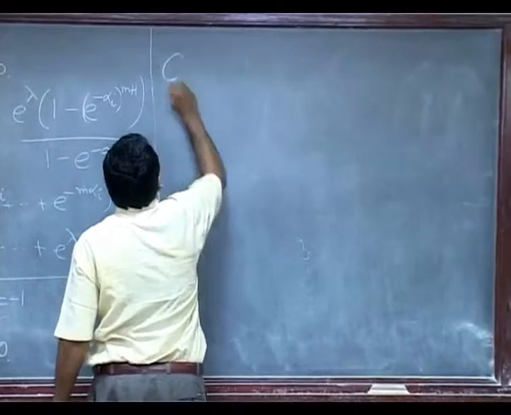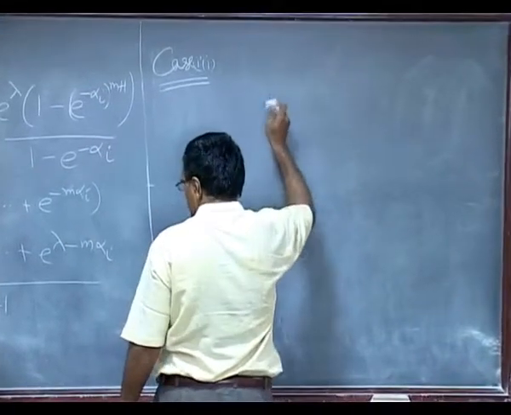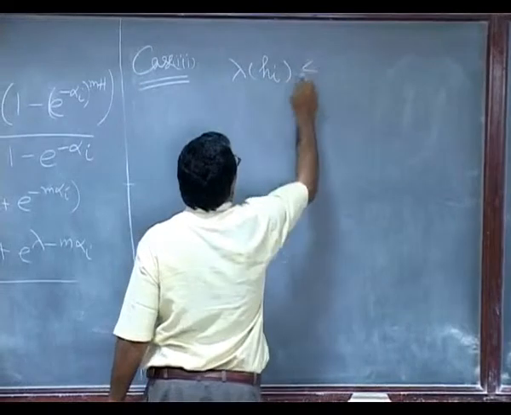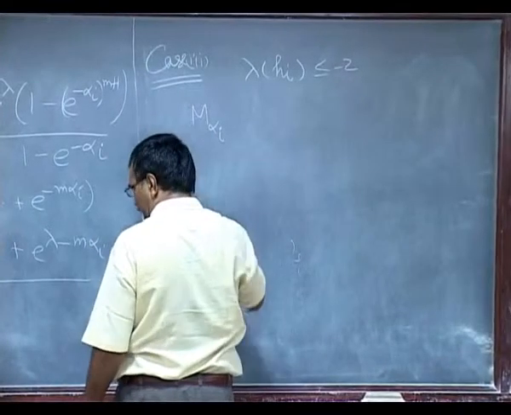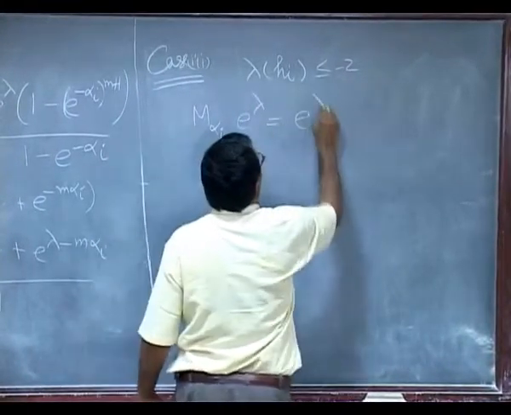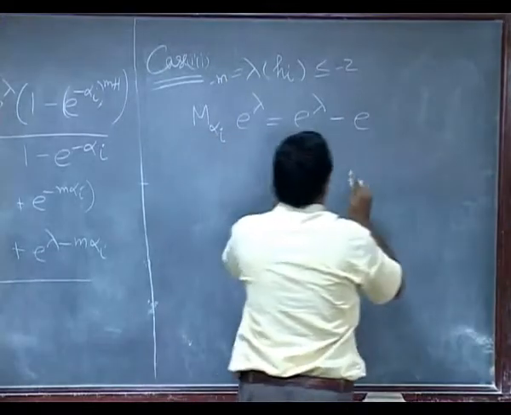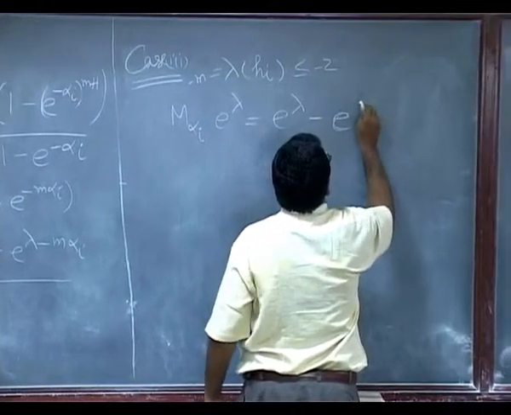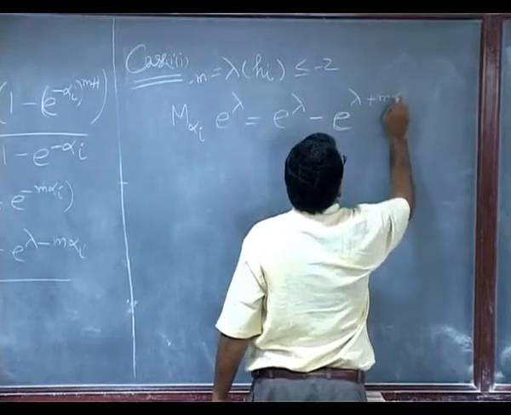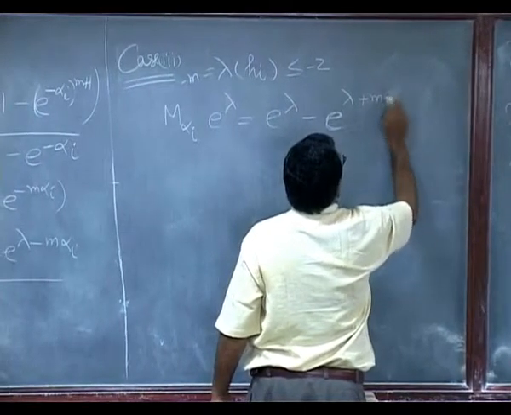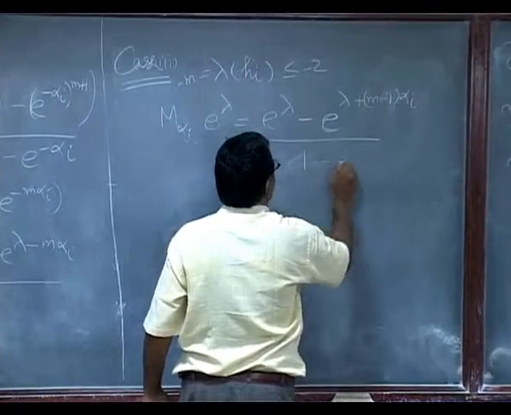And then the third case is lambda of H_i less than or equal to minus 2, then this equals e^lambda minus e^{s_alpha lambda}, minus m, so there is a plus m alpha_i plus m minus 1 alpha_i divided by 1 minus e^{minus alpha_i}.